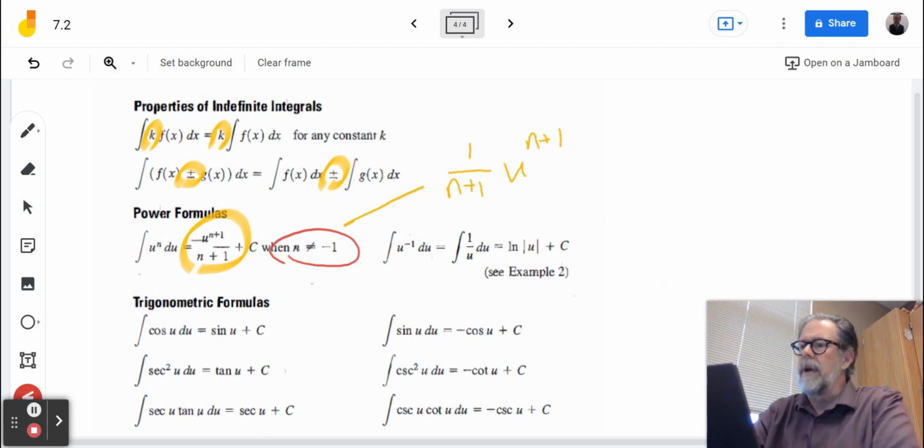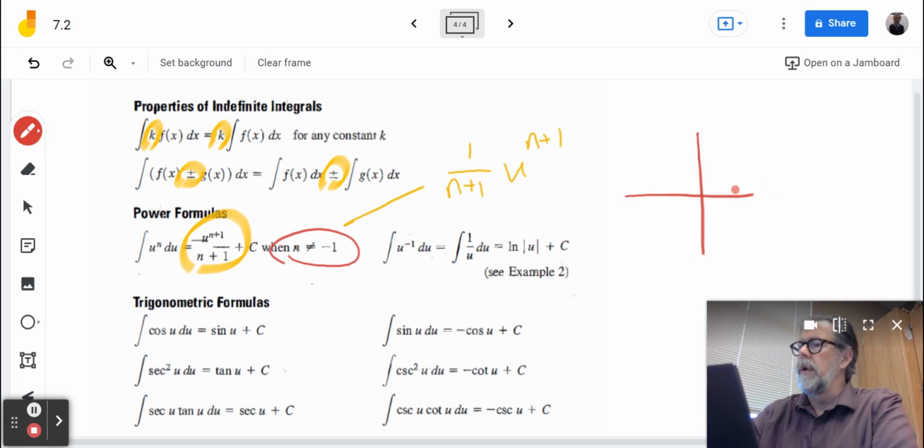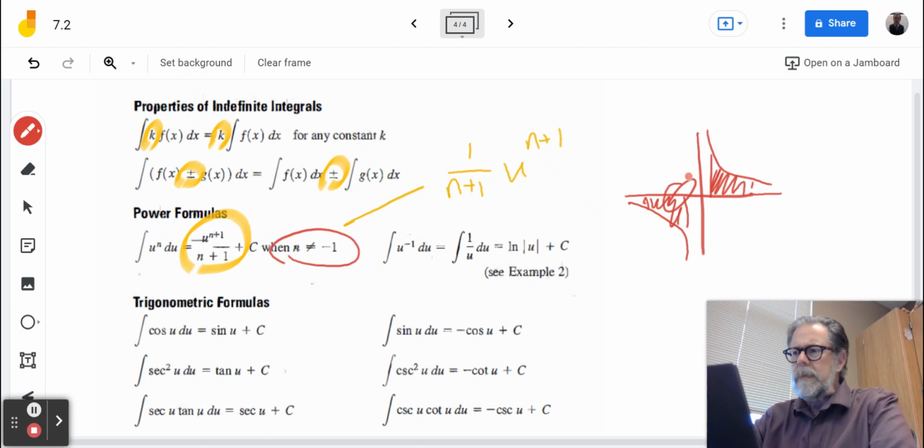The area underneath 1 over u, if I consider 1 over u to be a function that looks like this, this area is natural log, but you just have to be a little bit careful, because if I'm over here, the natural log of this wouldn't make any sense because natural log isn't defined over there.